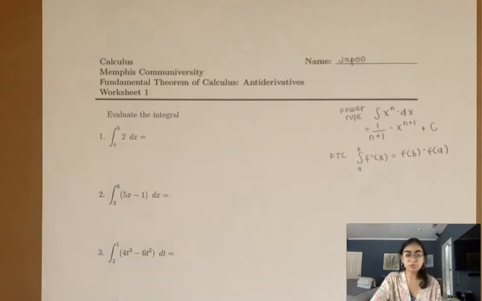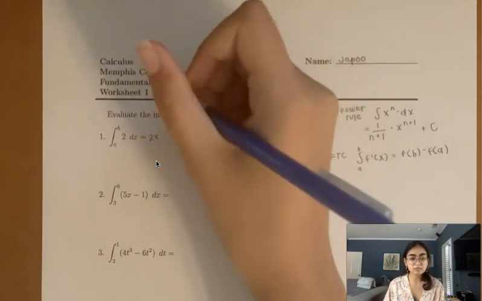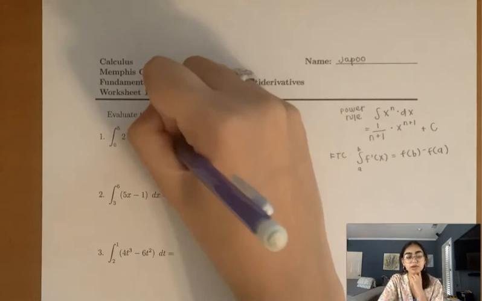We have 2, right? This is a little tricky to think about in terms of the power rule, but if you think about 2 as being 2 times x to the 0 power, then that makes it a little easier. Anything to the 0 power is 1, right? So 2 times 1 is 2.